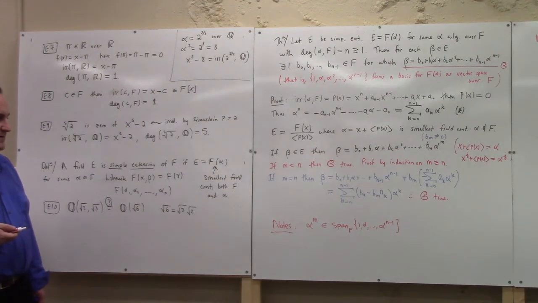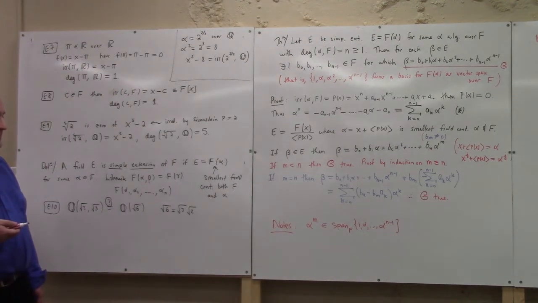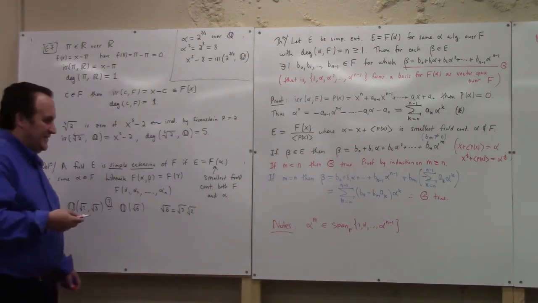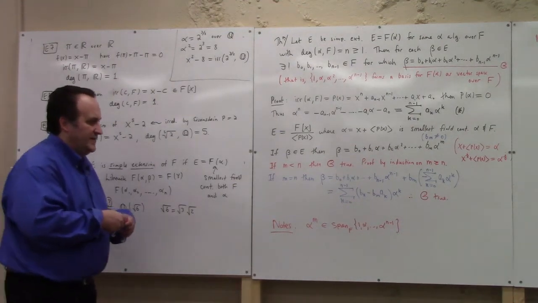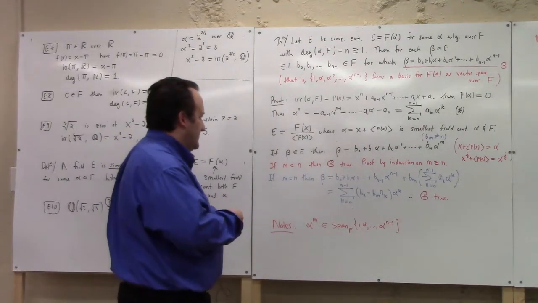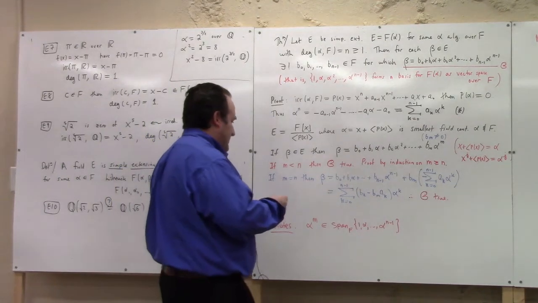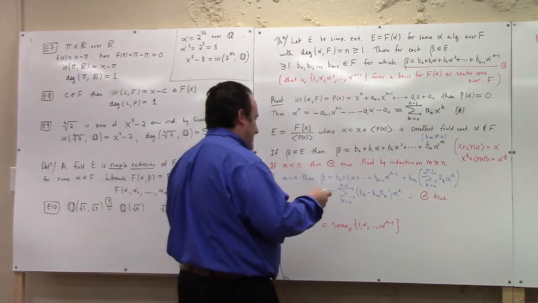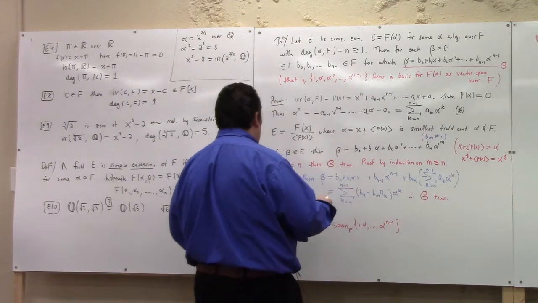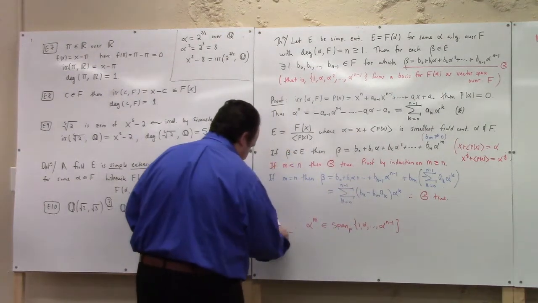So let's go that path, because I think it's going to be easier to understand. Oh, I'm sorry, guys. Basically, I'm just saying proof by induction that m greater than n, and the claim.